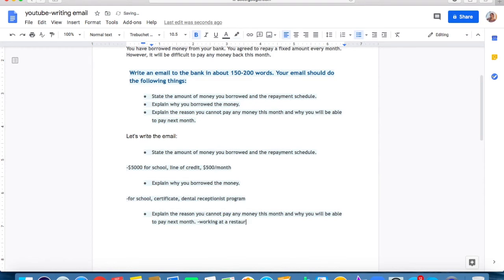Restaurant shut down due to COVID, and I'll be able to pay next month because it's reopening. I think we're in phase 3 now of the pandemic. Okay, so now I have all of the details hashed out.